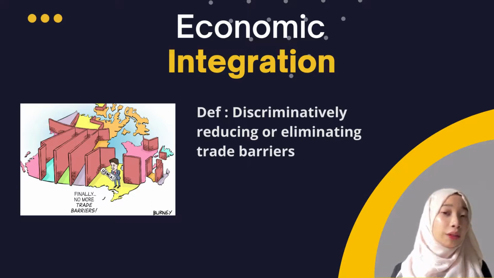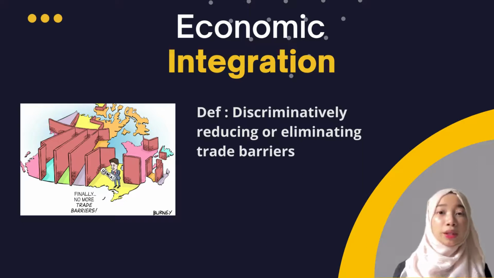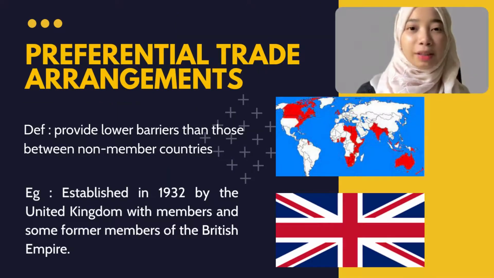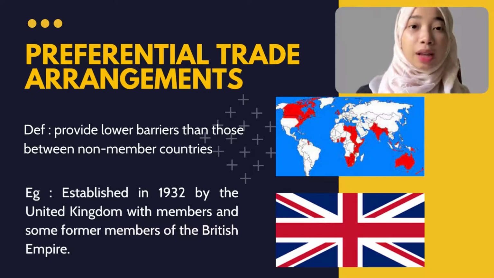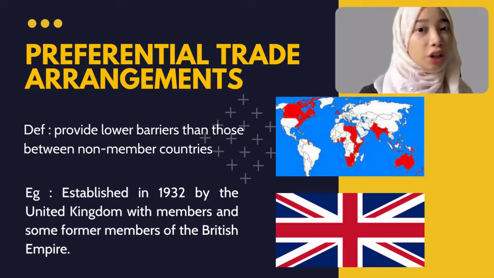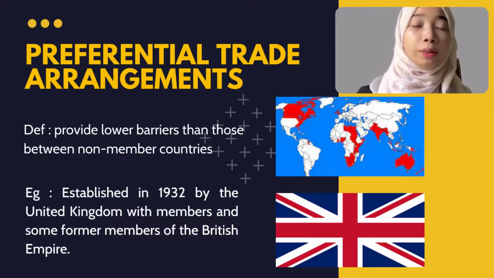There are levels of economic integration: preferential trade arrangement, free trade area, customs unions, common markets, and also economic unions. Trade barriers between participating countries are lower than those between non-member countries under preferential trade agreements. But with other nations, the trade barriers will be the same.